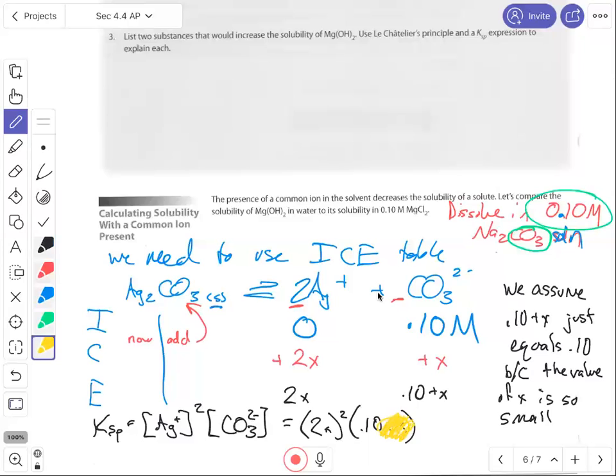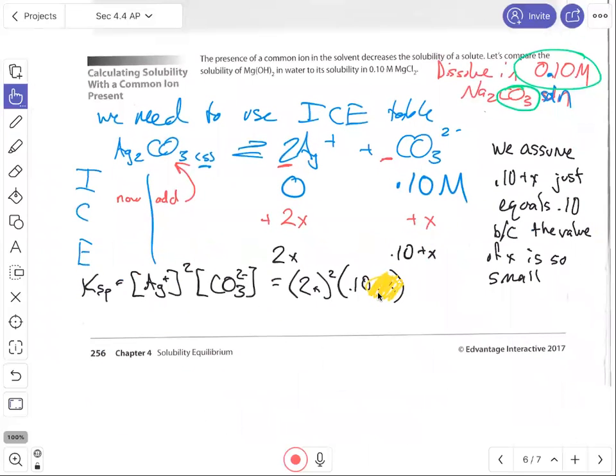So I forgot to look up the KSP for silver carbonate. Give me some more room. Hold on. Silver. There we go. Okay.